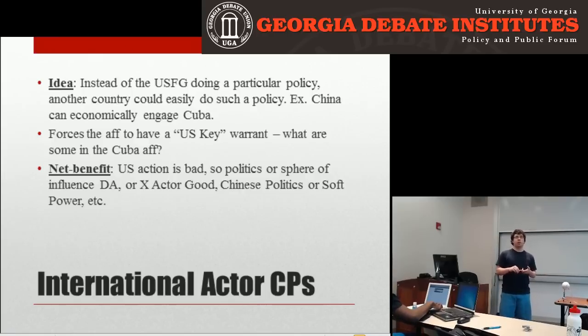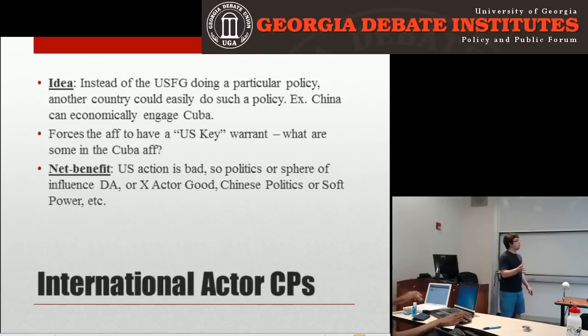Have you guys looked over the China disad? The China disad is basically just like China thinks that Latin America is important for their national security and global influence, and that if the U.S. starts to engage countries in that region, then China will sort of be mad at the United States for crowding its sphere of influence. Does that make sense?